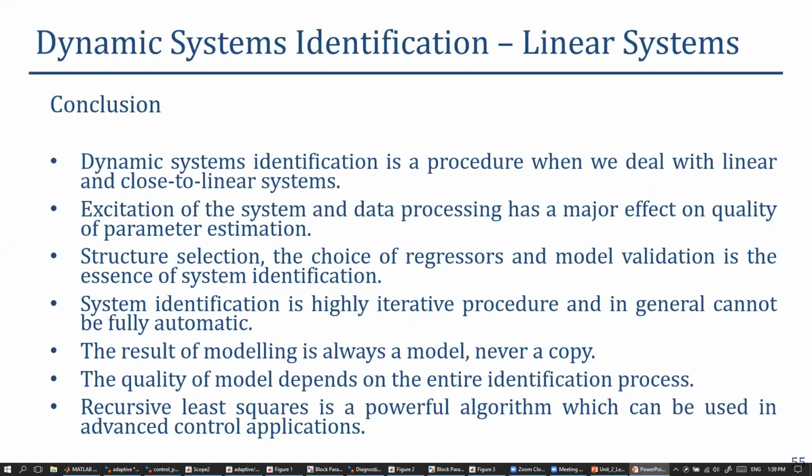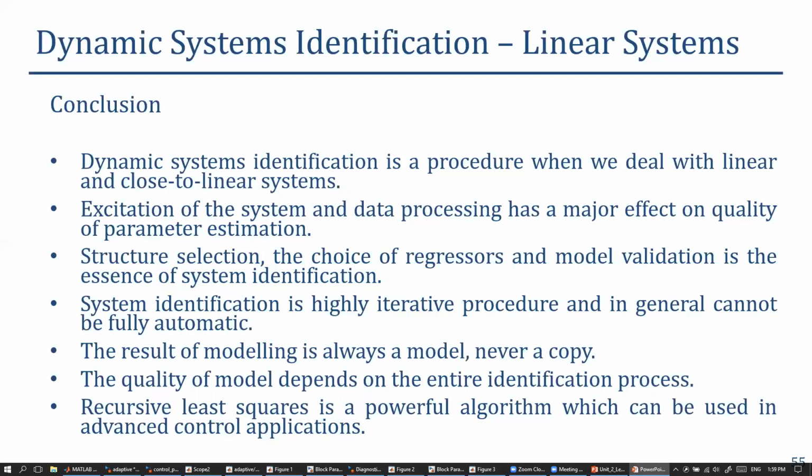System identification is kind of an iterative procedure. So you do trial and error, you try different things until you get a model that you're happy with. So in general, it cannot be fully automatic, but for linear systems, we can actually bring the entire procedure to a high level of automation.